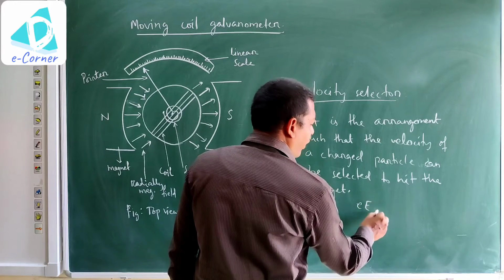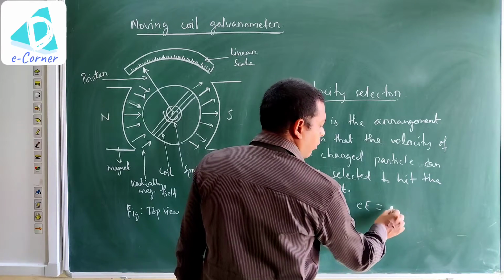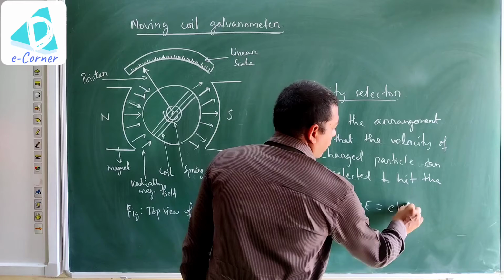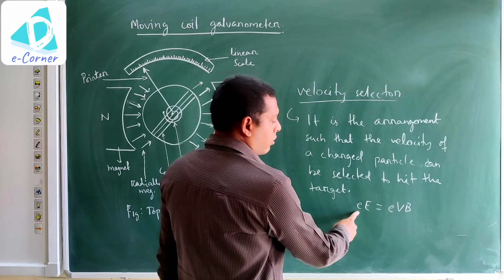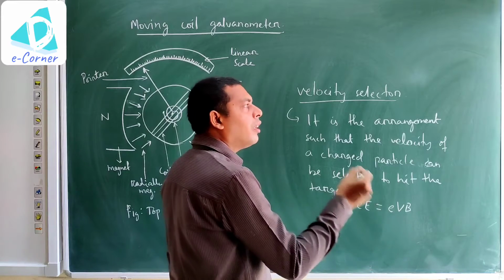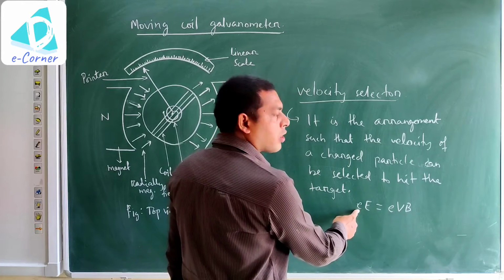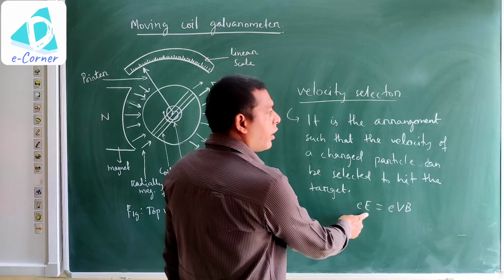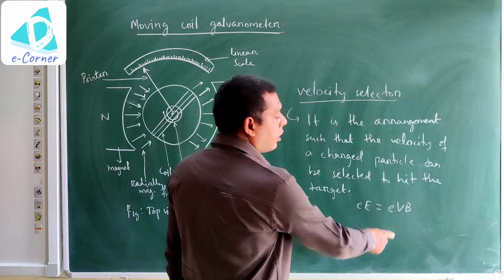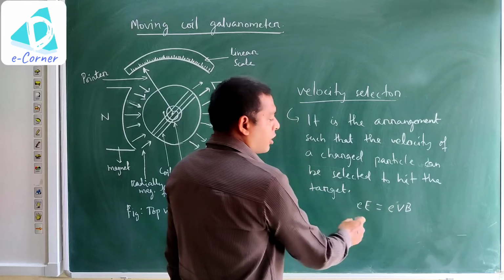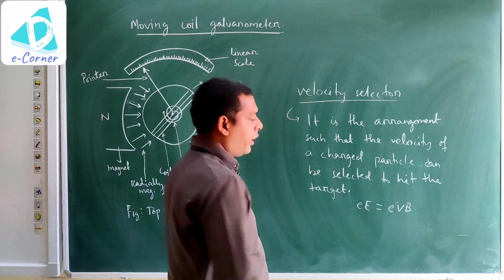The electric force is equal to the magnetic force: eE = evB, where e is the electronic charge. Suppose we are considering the electron, then e is the charge of the electron, capital E is the electric field, this e again is the electronic charge, v is the velocity of the charged particle, B is the magnetic field.